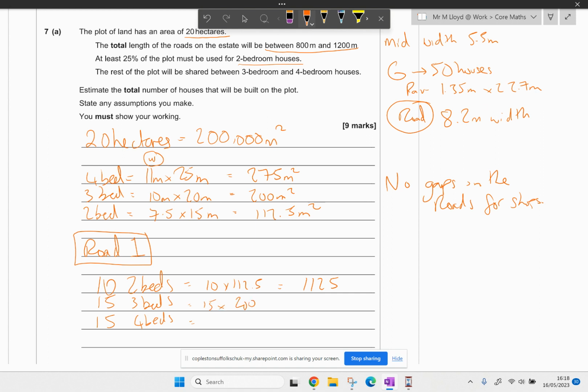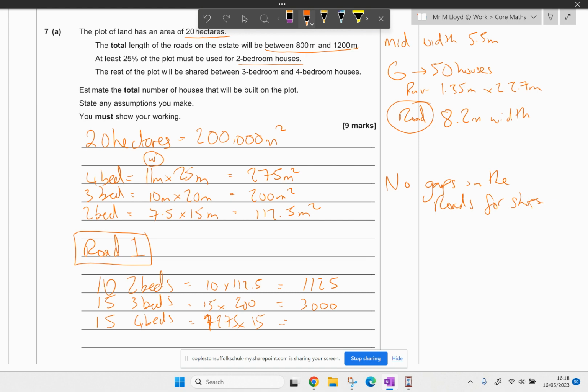I've not done myself any favours by going 4, 3, 2 above and then 2, 3, 4. 15 times by 200 is 3,000. I've got to assume that this includes gardens as well. Oh, what do you do about gardens? Ignore it. I'm sure it'll be fine. And then the 4-beds is 275 times by 15 of them.